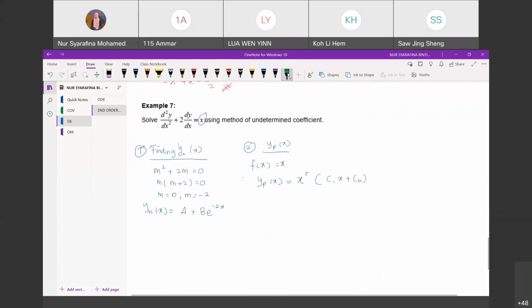So first, when r equals 0, your YP becomes x to the power of 0, which is 1, times c1x plus c0. Okay, is there any similar term between YH and YP? Let's check.